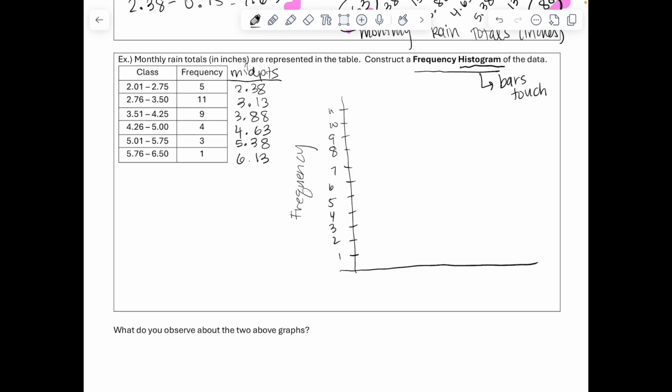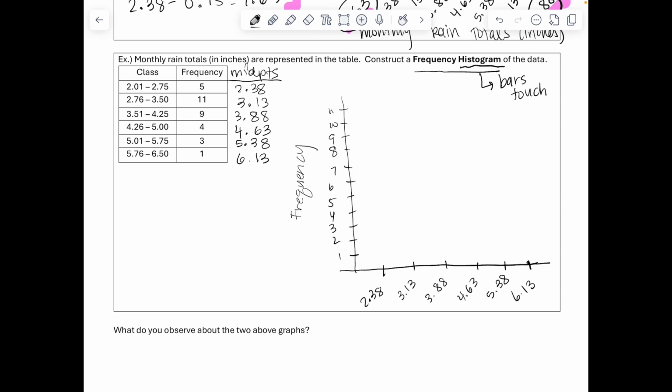So I just need to put on the midpoints that we have here, which are going to be 2.38, 3.13, 3.88, 4.63, 5.38, and 6.13.